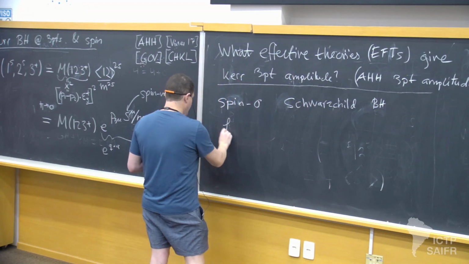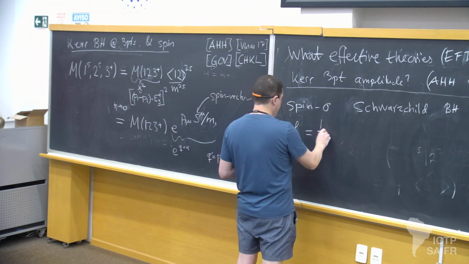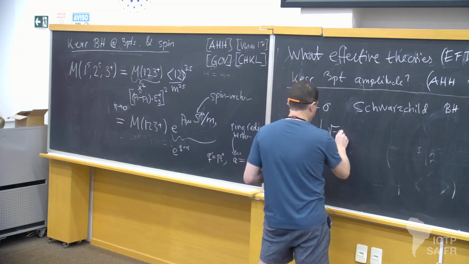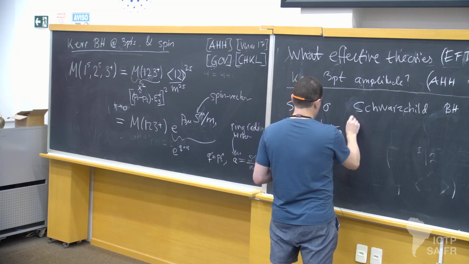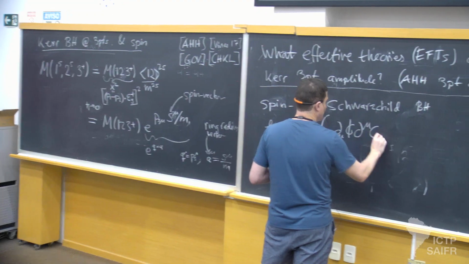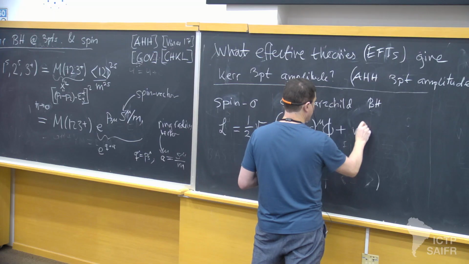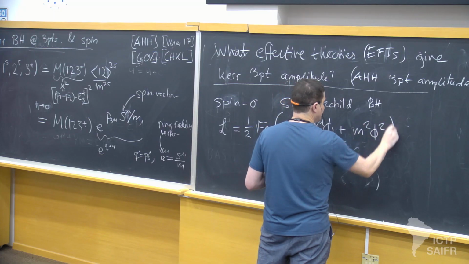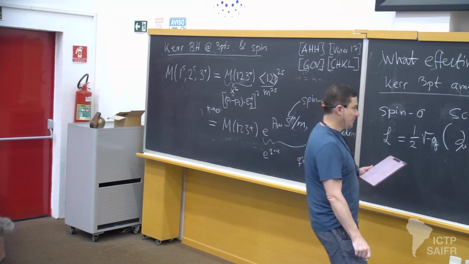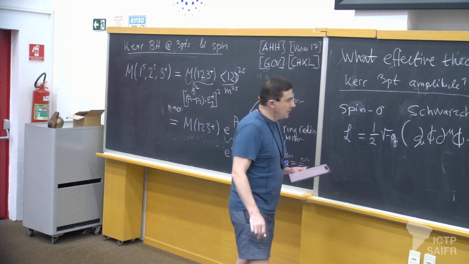It's well known that if you just start from a minimally coupled scalar, it does a very good job, plus, I guess, a mass term as well. I hope I got the sign right. Okay, so this one does a really good job.